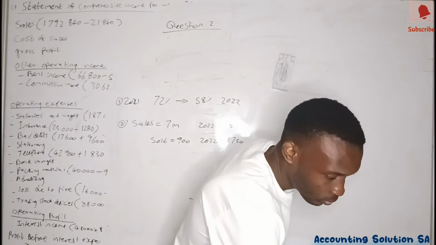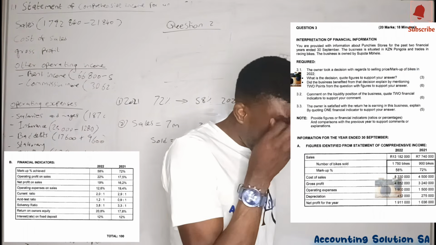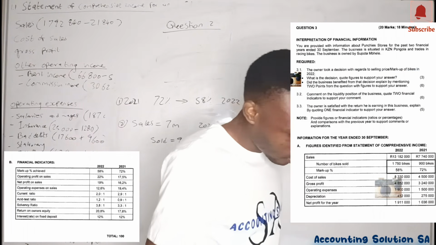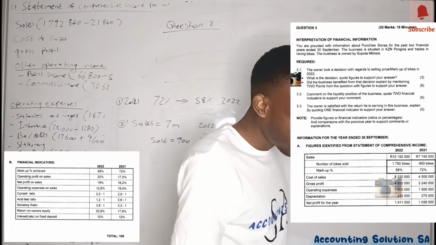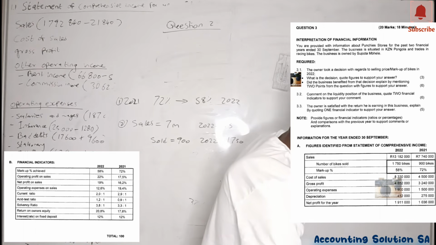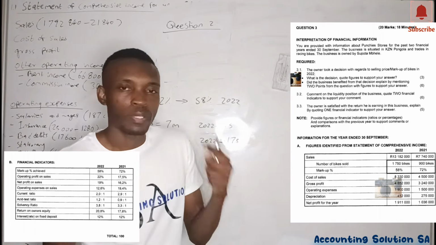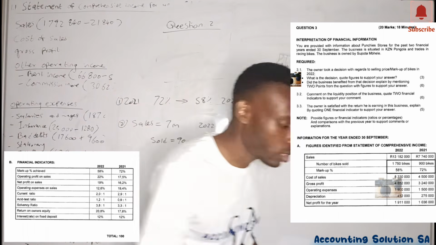Now let's check number 3.2. Comment on the liquidity position of the business and quote two financial indicators. When we talk about liquidity, guys, you have to think about the acid test ratio and the current ratio.